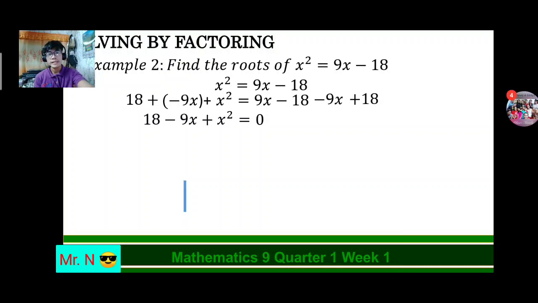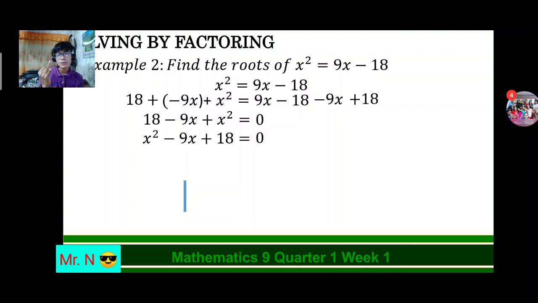Pag in-arrange natin yan, mauuna si quadratic term, sunod linear term, and then the constant term. So, simply arranging the terms from highest to lowest based on their exponents. Is equals to 0. And now, let's have the next step. We're done rewriting into standard form.